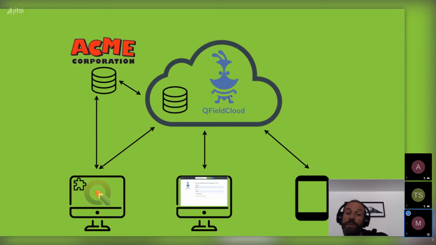The first one that we have been working on, which for us was the most important one, was the one based on PostGIS as a data storage. So basically what happens is that QFieldCloud will take offline, so we'll make synchronizations between whatever happens on your devices and your own database. So it's seamlessly synchronizing everything that comes from the database to the devices, and from the devices back to the database.